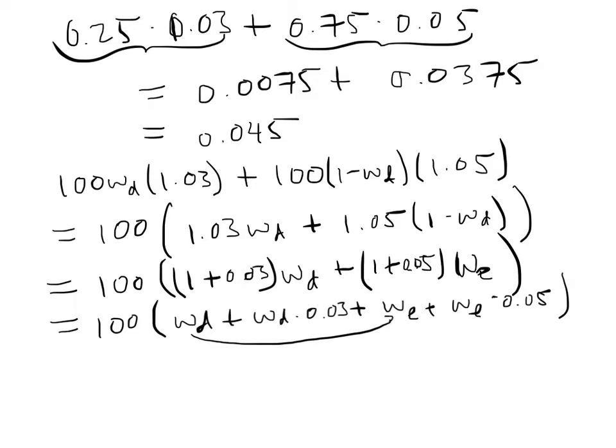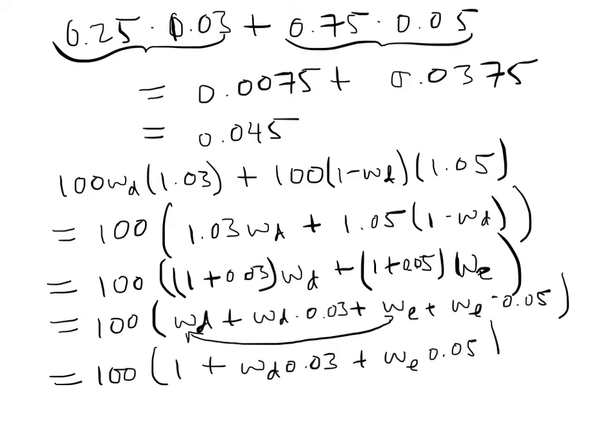These two, we're adding them together, and by the constraint, those two sum to 1. So that we have 100 times 1 plus omega d 0.03 plus omega e 0.05. And guess what? We have 100 times 1 plus, and this is the net return to the portfolio, R sub p, which is the weighted average of the two net returns right here.